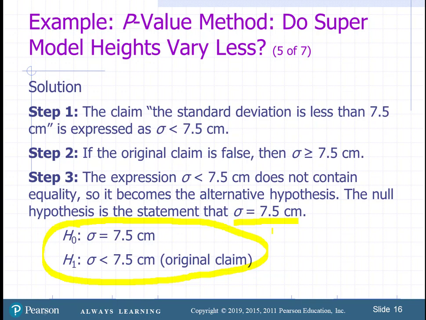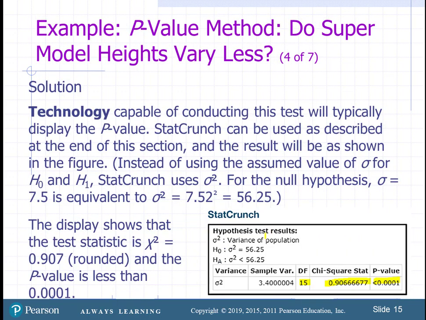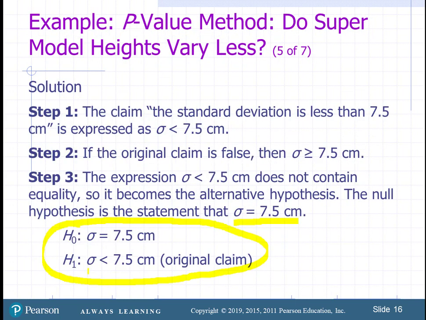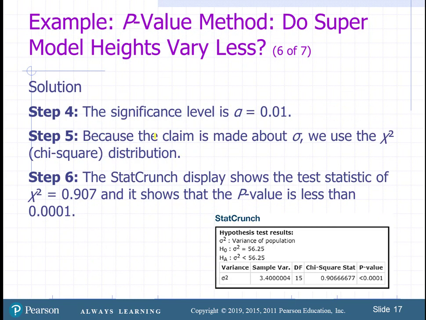I'm going to go back here and notice that in StatCrunch they deal with the variance. So we took 7.5 squared. That's where the 56.25 comes in. We're going to choose our level of significance. That's alpha equals 0.01.